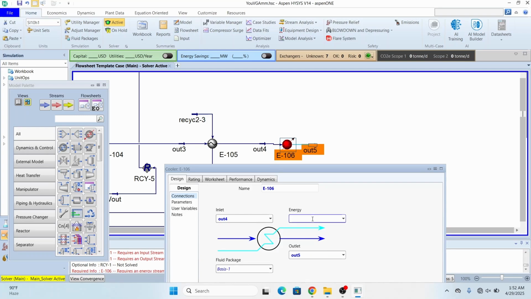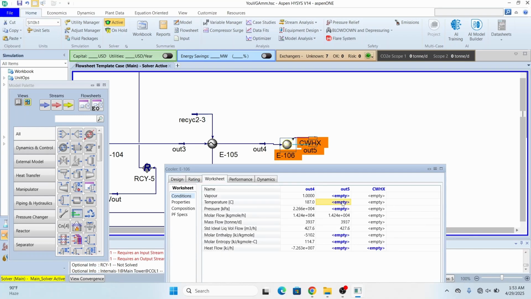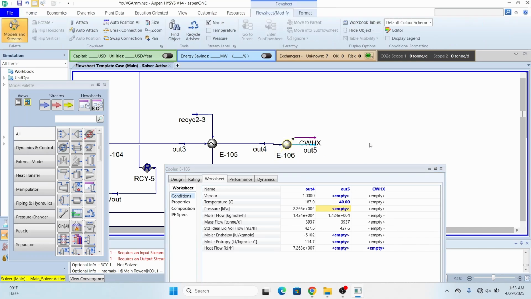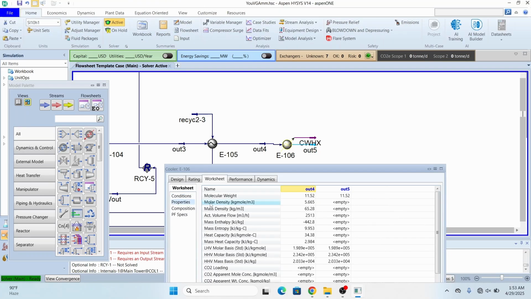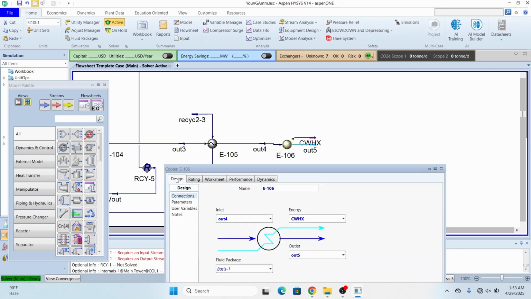Energy, you can name it cooling water heat exchanger. Go to the worksheet, increase the temperature, you can say 40 degrees. Go to the design parameters, and give the delta P as 0.